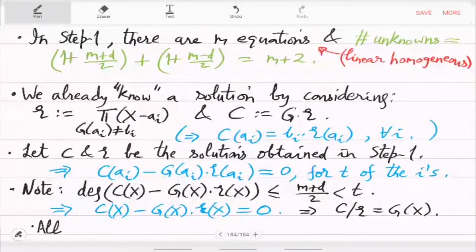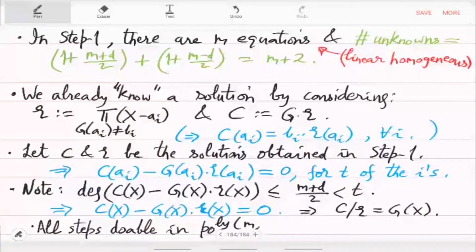So, all steps are doable in time polynomial in m, which is basically the degrees involved, and log of the finite field size.